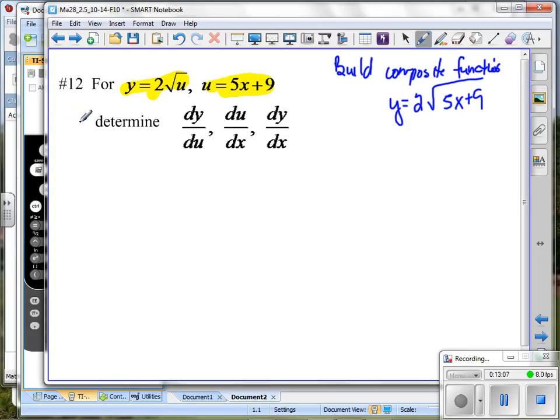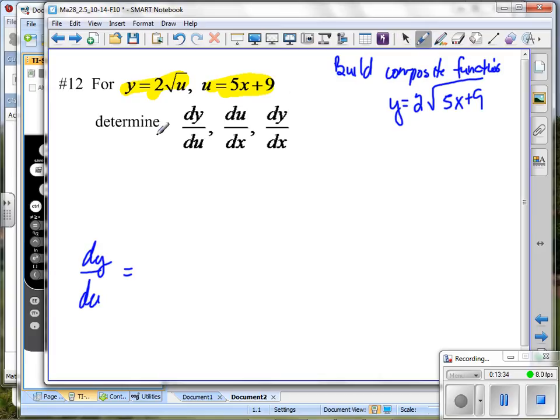So if I'm going to use dy du, it is going to come from this one. I'd be better off if I started with, let's move this stuff down here, maybe rewriting that function first.